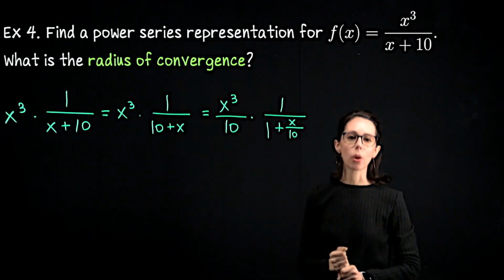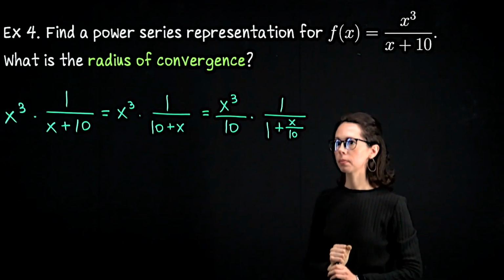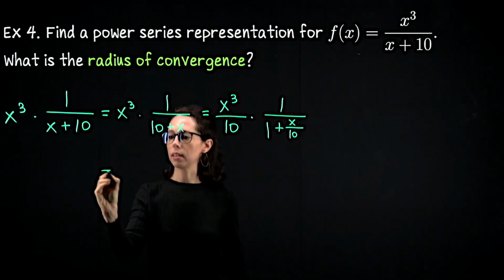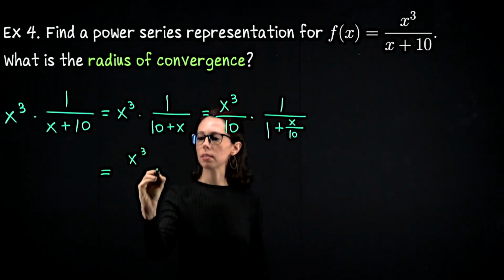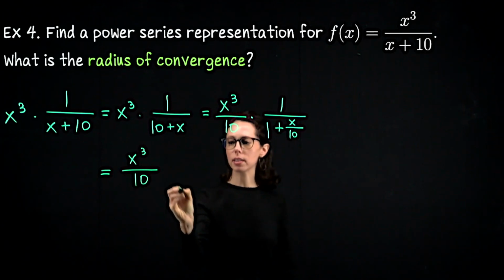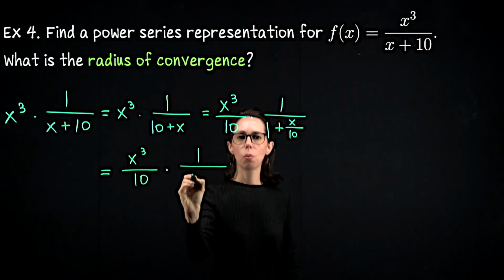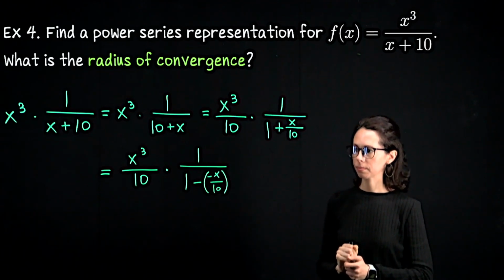The addition here we know how to handle. I'm going to replace that with minus a negative quantity. Let me move down to the next line so that we can say this expression is x cubed divided by 10, that's just going to hang out in front, times 1 over 1 minus negative x over 10. Okay.